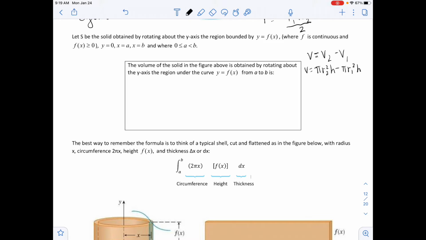And I'm going to go ahead and factor out my pi and also my h. So I'm going to have pi, and then I would have r2 squared minus r1 squared, and then times h.